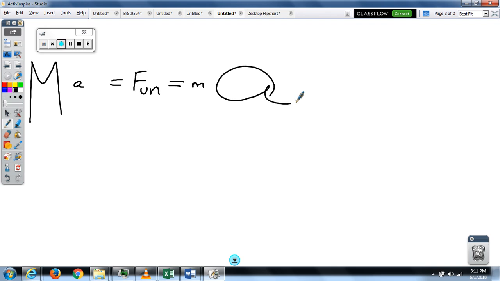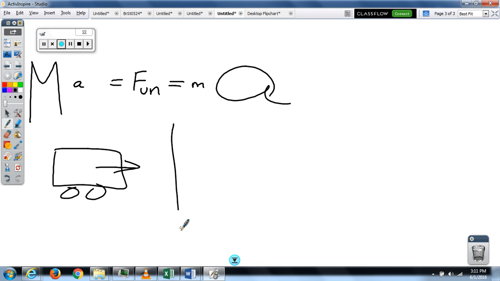That's because if a car was moving forward and then all of a sudden hits an immovable object, let's say a wall, the front is forced to stop immediately, or within a very short period of time, fractions of a second. But the back end of the car keeps trying to move with the same speed that it had. Well, that pushes the car into the wall even more, and so that's where you get the damage done on the front end of this car.